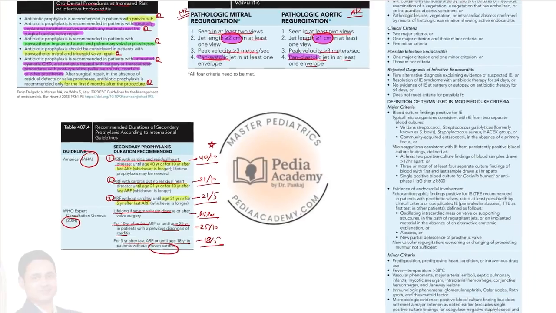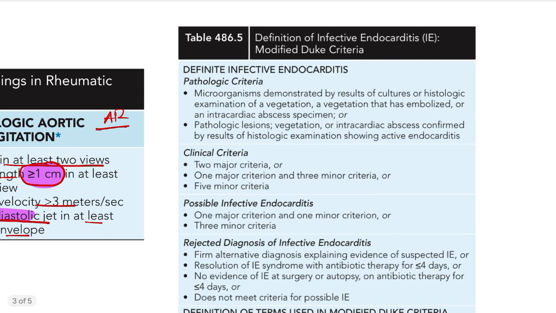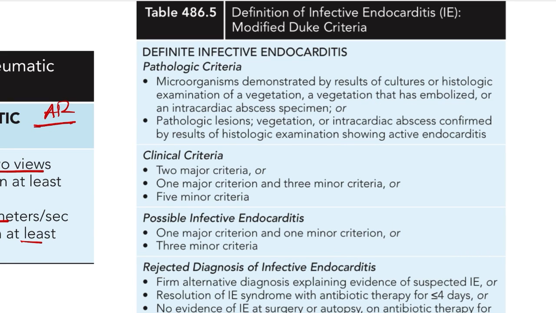Okay. Another thing we are discussing, which is very important, is the definition of infective endocarditis, the modified Duke criteria. So there are pathological criteria in this condition. Just remember, microorganism demonstrated by culture or histological examination is first, or pathological lesion, vegetation, intracardiac abscess confirmed by histological examination.